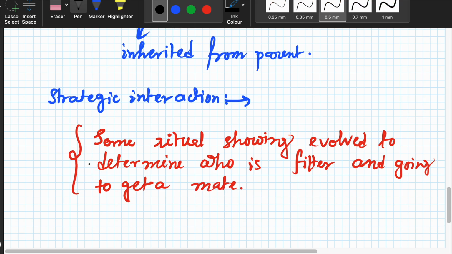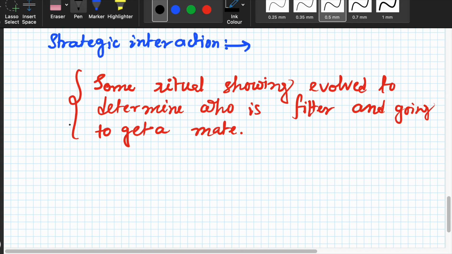Rather than seriously fighting with each other and inflicting serious injury, they do not do these things.